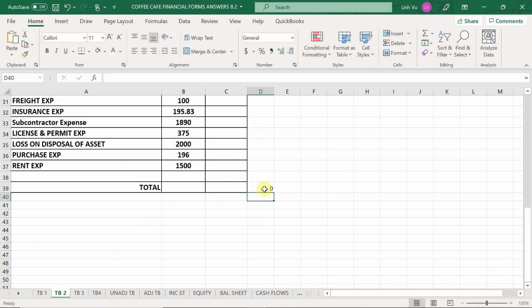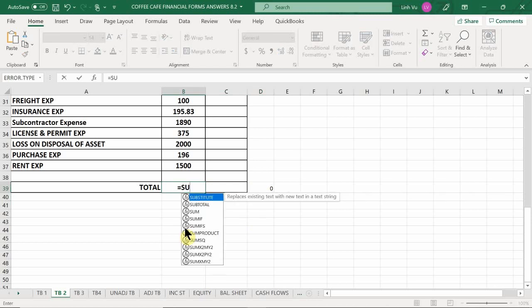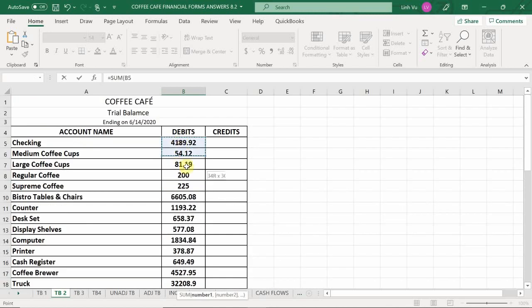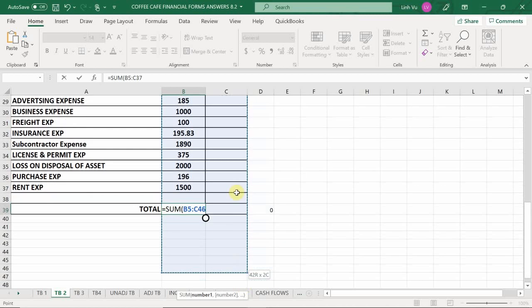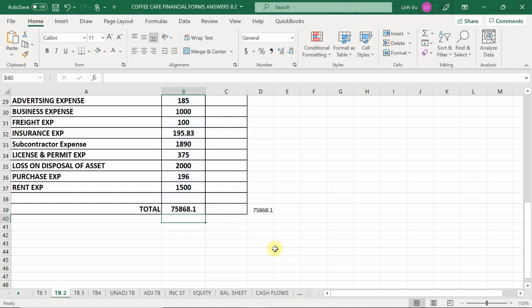And if this stays zero, then I have no discrepancy. So in this case, equals sum of my debit column. So here, I click and drag my debit column all the way down to the very bottom of the window. Enter.